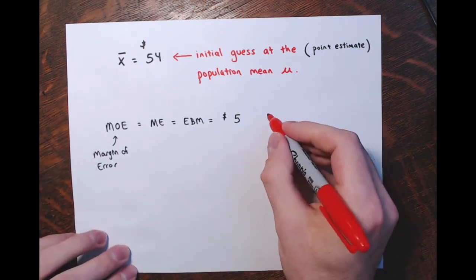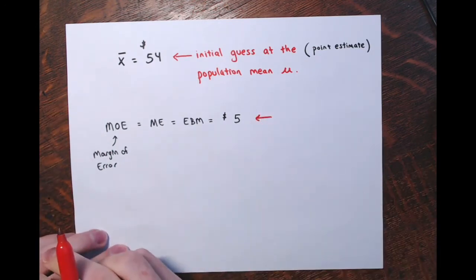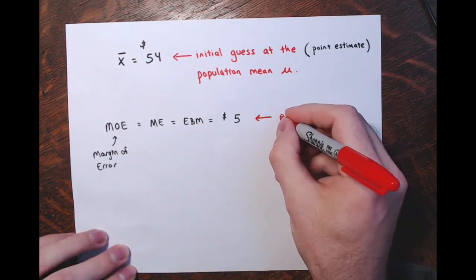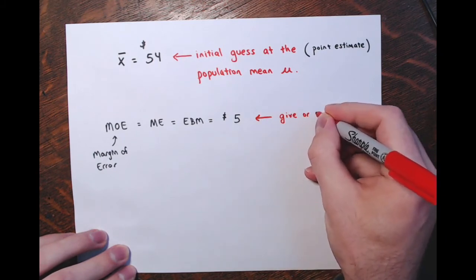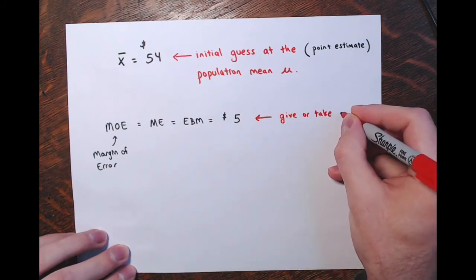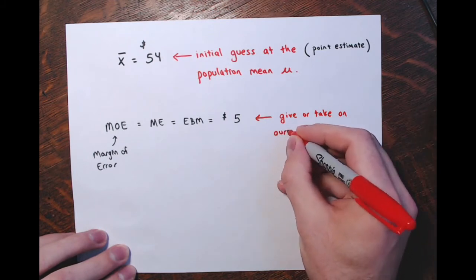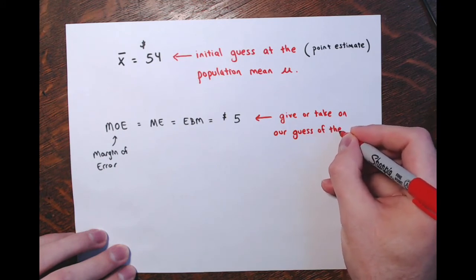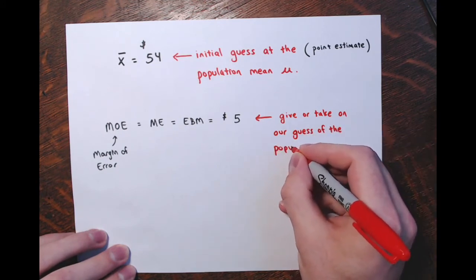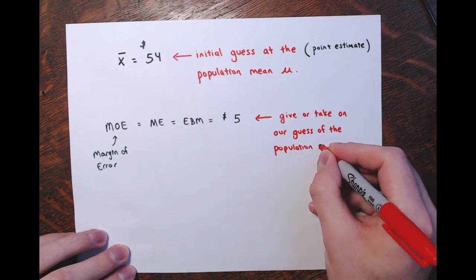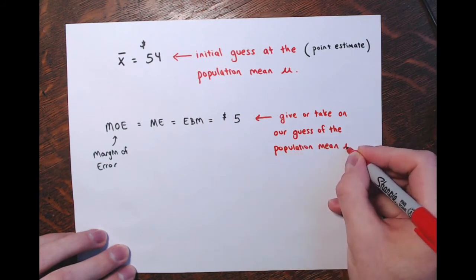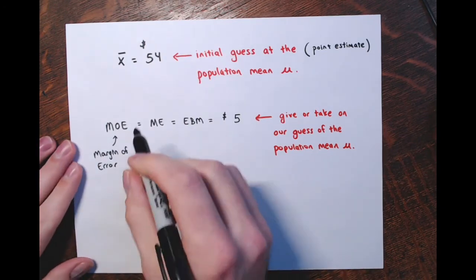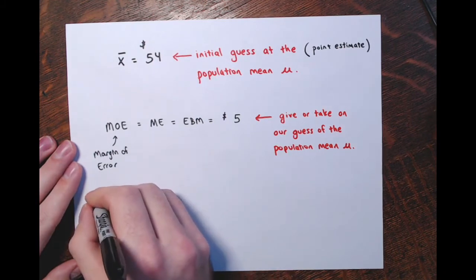Okay, and again, this margin of error is kind of like a give or take on our guess of the population mean. So then we put these together to create what's called a confidence interval.